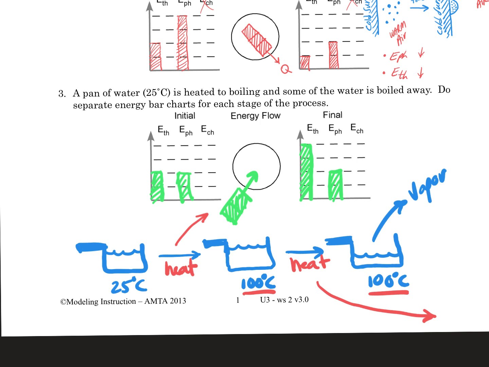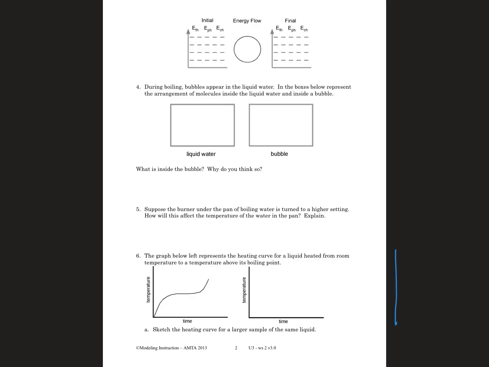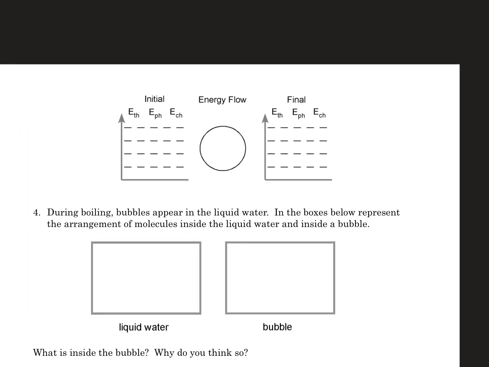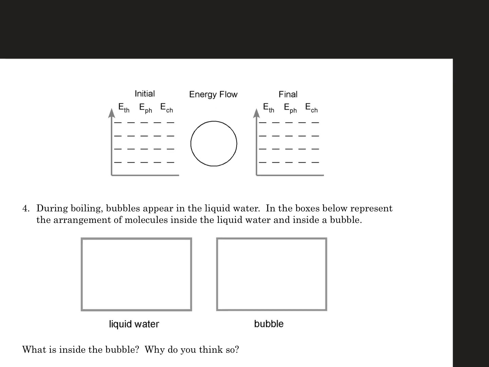Now let's work at the second part. Okay, the second part is on the next page. Okay, so here we are, second page, and we're starting at 100 degrees. This is the second stage, right? We're at 100 degrees Celsius.